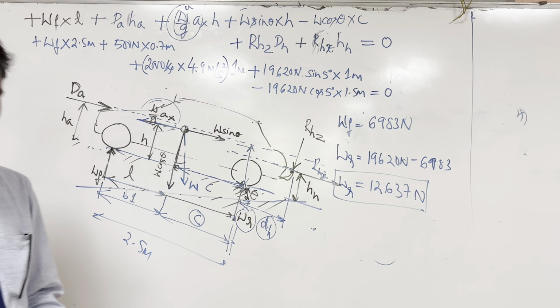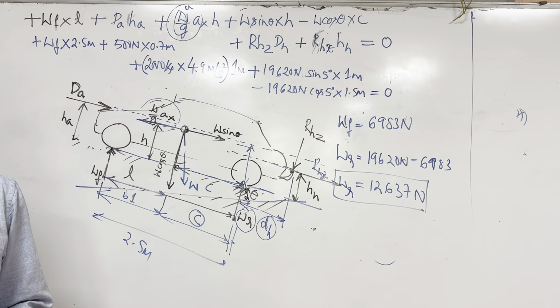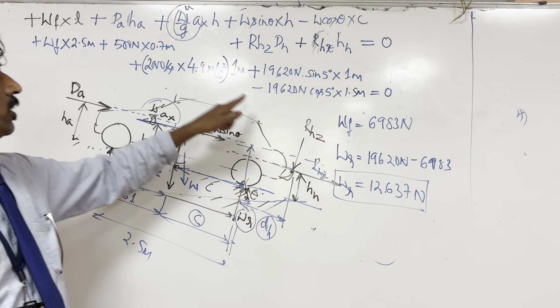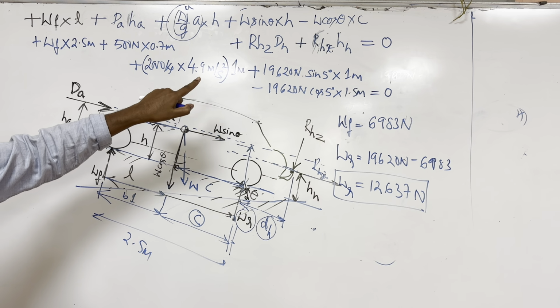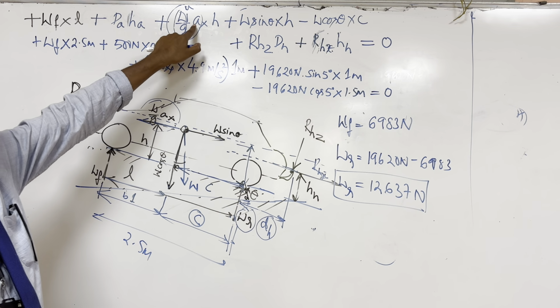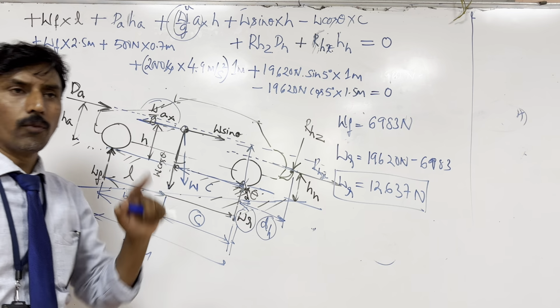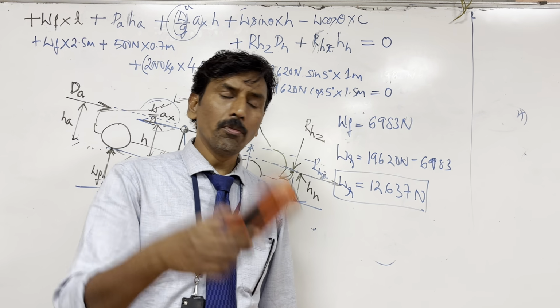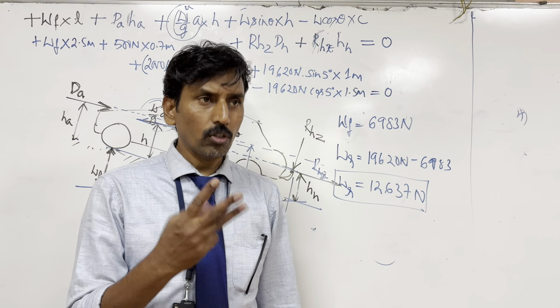Guys, now for this car, suppose this acceleration was not 0.5 g but like a formula car. What is the maximum acceleration in a formula car in terms of g? It is actually 3g.